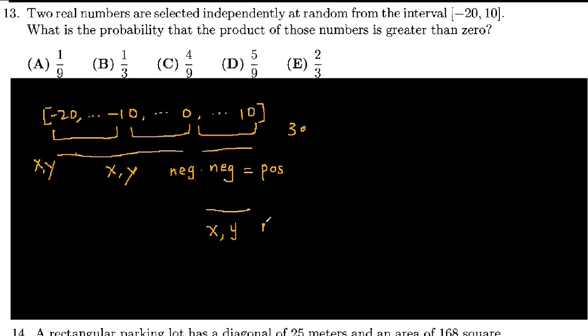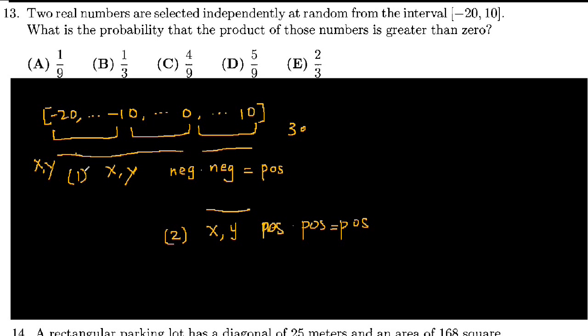This is the case of positive times positive equal to positive, right? It's only those two possibilities for greater than 0. So let's look at the probability for the first case, then we look at the second case.